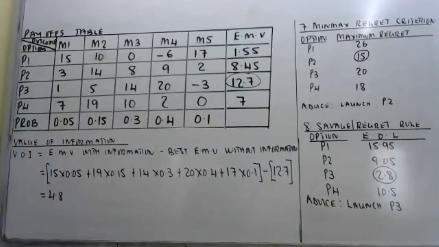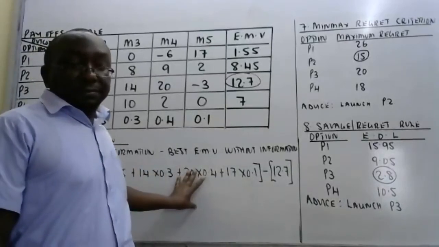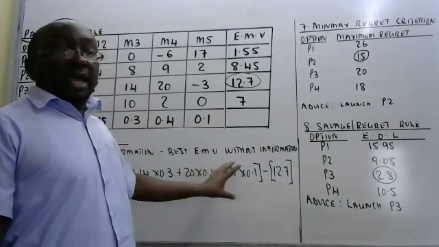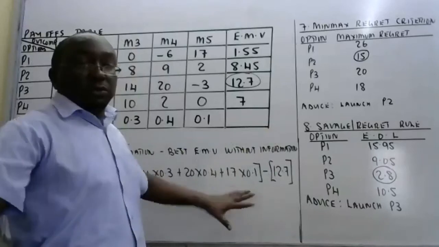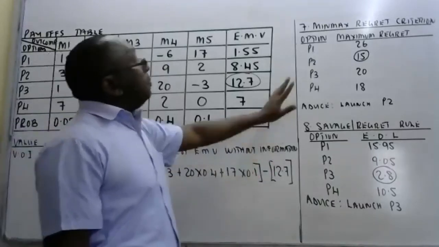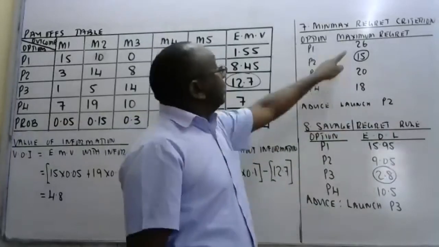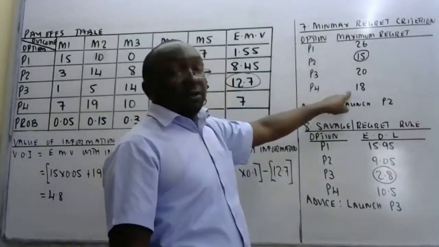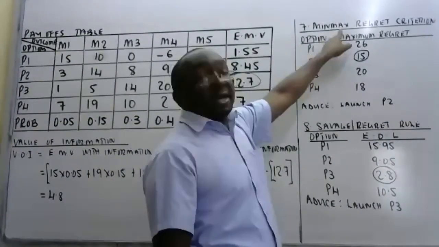Okay. But basically, you understood how we developed the table here? Yes, very much. Okay, then once you have the regrets, those are called the opportunity costs. You pick the maximum from each option. These are the maximums from each option. Then according to this rule, you should pick the minimum of the maximums.